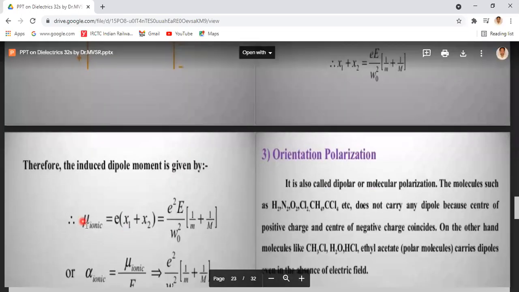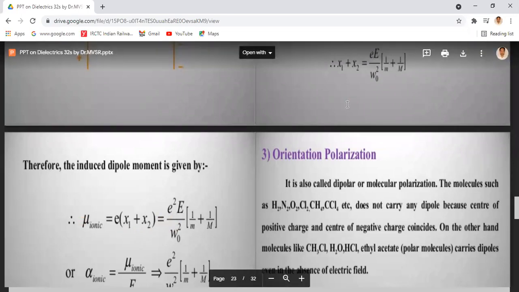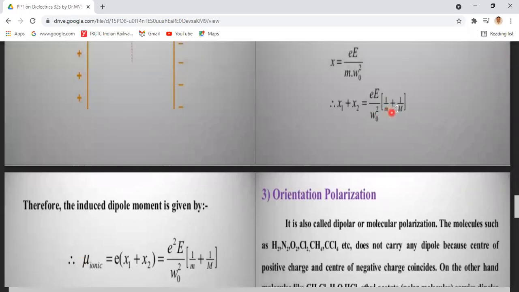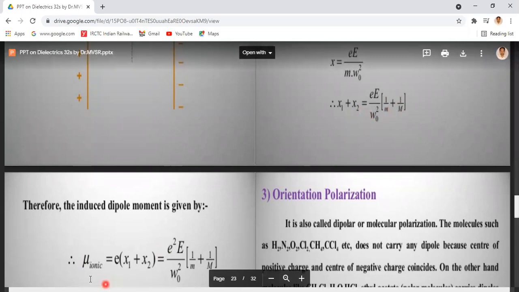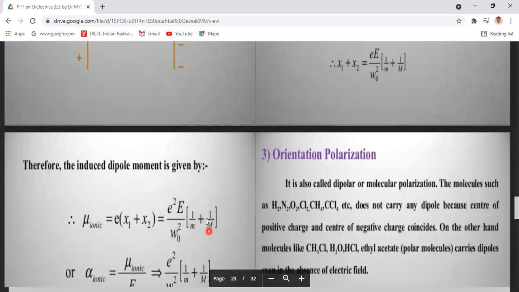Now the induced dipole moment is given by mu I is equal to e into (x1 plus x2). But we know that the value of x1 plus x2 is equal to e into E bar divided by omega naught square into (1 by small m plus 1 by capital M). By substituting the value of x1 plus x2 in this equation, mu I is equal to small e square into capital E divided by omega naught square into (1 by small m plus 1 by capital M).